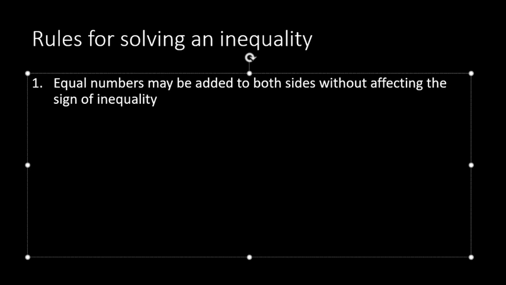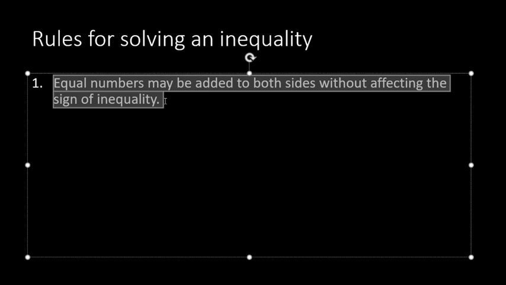Next, the second rule states that equal numbers, like addition, can be subtracted. The same is applicable, but instead of addition you put subtraction.